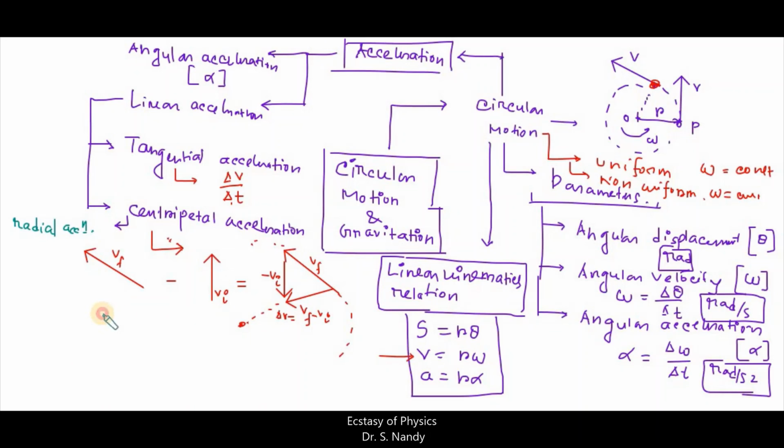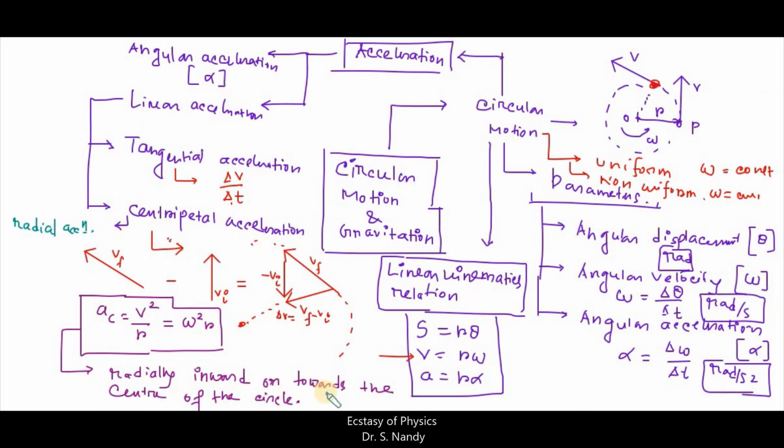The expression of the centripetal acceleration is equal to v square upon r, where v stands for the tangential velocity and r stands for the radius, or it can be represented as omega square times r, where omega is the angular velocity. That's the expression of the centripetal acceleration, which is directed radially inward, towards the center of the circle.